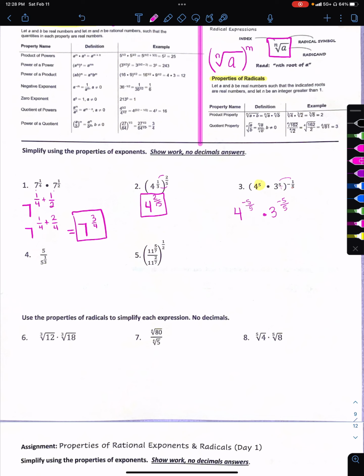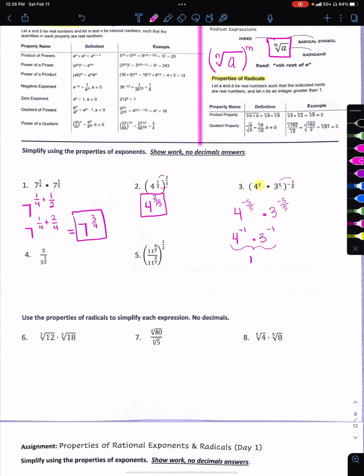Now I'm going to simplify those fractions. So I have 4 to the negative 1 power times 3 to the negative 1 power. Now we cannot have negative exponents. We talked about that using the negative exponent property. If I move them from the numerator to the denominator, the property then becomes a positive exponent.